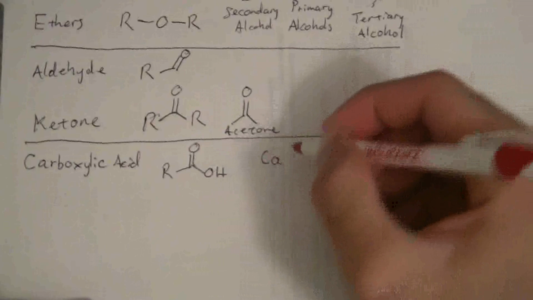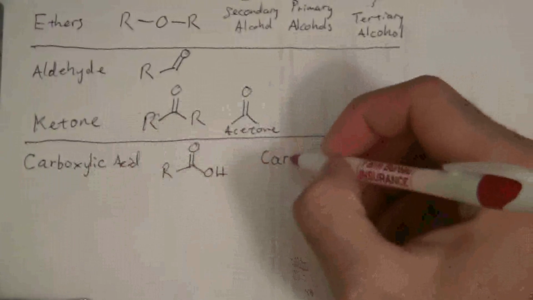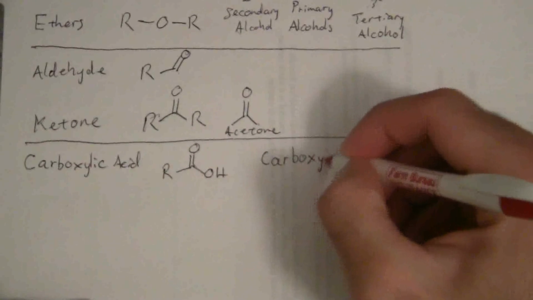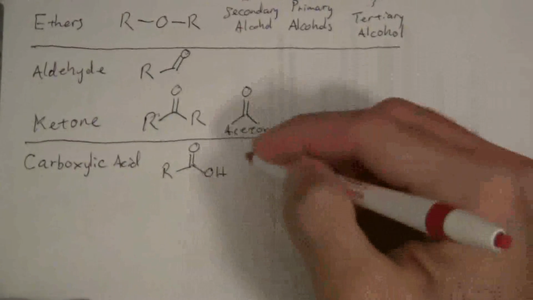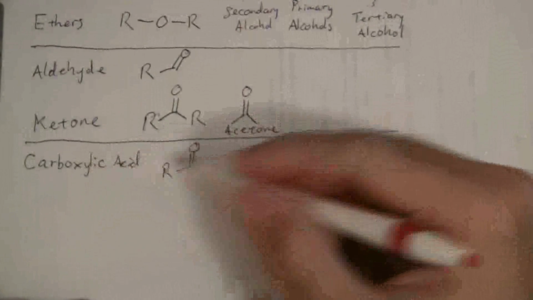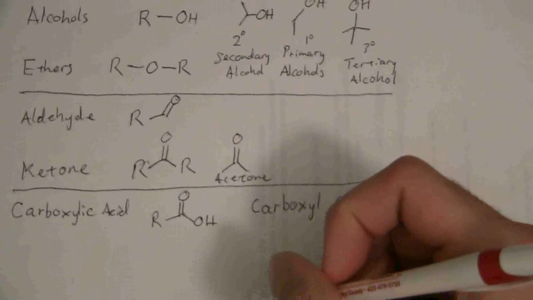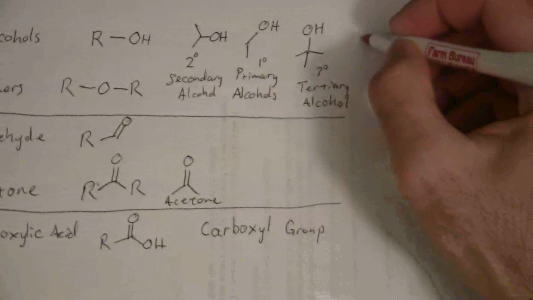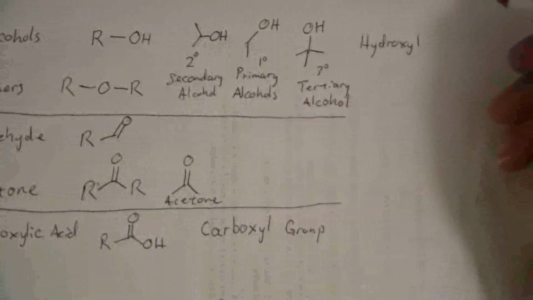You should be familiar with both the group name as well as the compound name that has that group in there. So a carboxyl group is the one that makes a carboxylic acid. Okay, and here, for the alcohol, this would be the hydroxyl group.